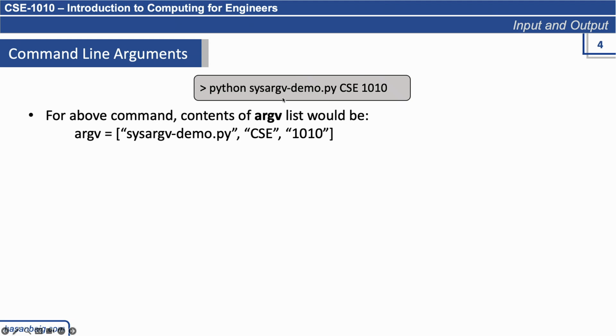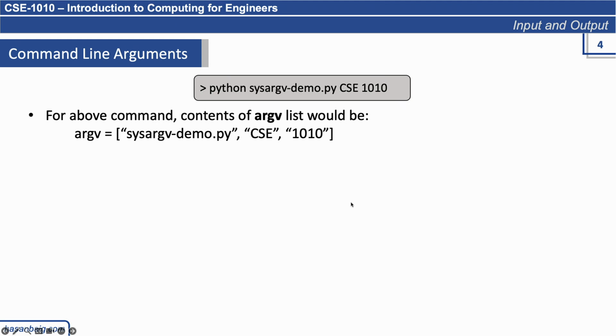The first argument is the file name, which is placed at the 0th index in this list. CSE is the second one, and 1010 is the third element in the list. Again, argv, you can call it argument values. It's a list which contains the arguments that you pass through the command line, and the first argument would always be the file name.